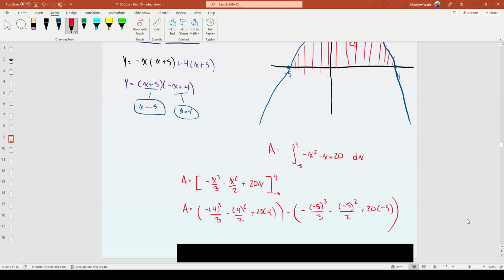This is going to be minus, then a bracket, minus 5 cubed divided by 3, minus 525 over 2.